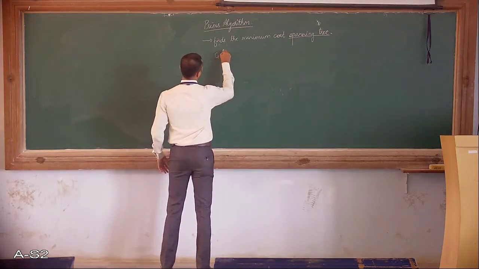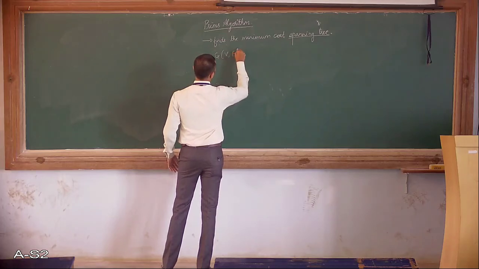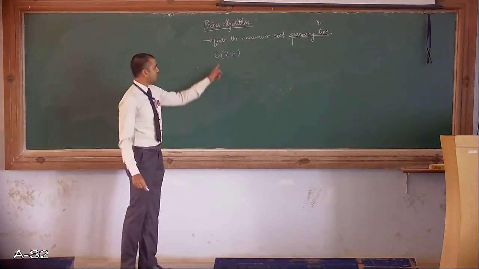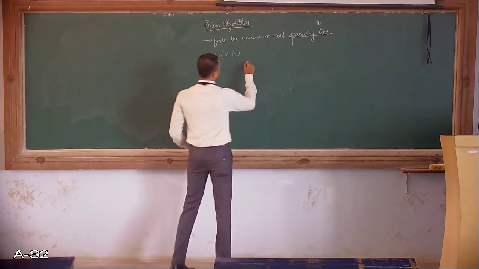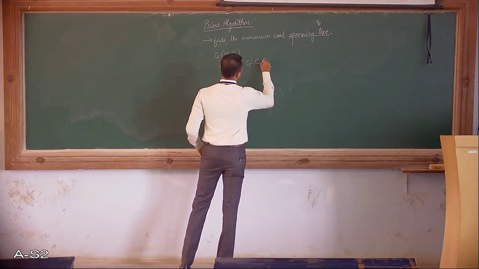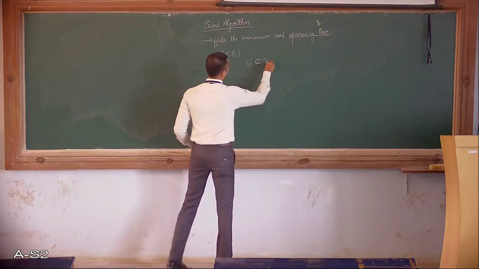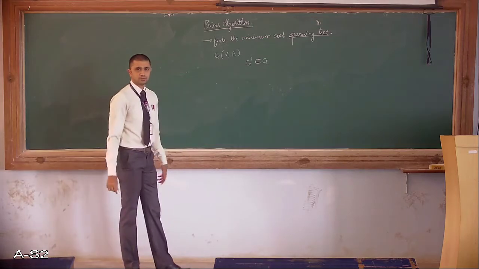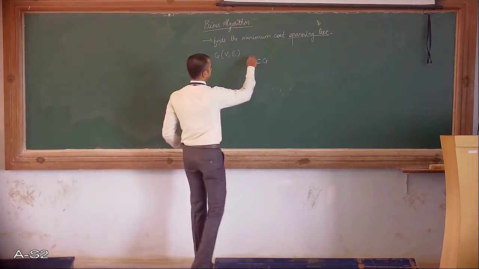Say I have a graph G with vertices and edges. This spanning tree is a subset of this graph G, say G dash.